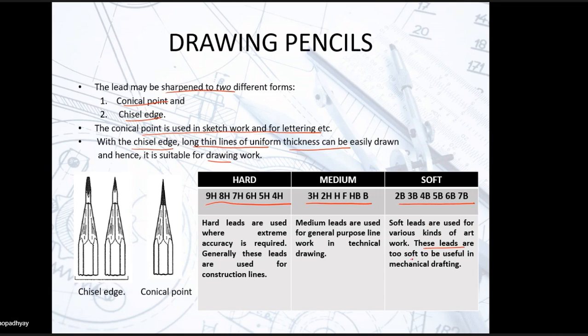These leads are too soft to be used in mechanical drafting. So these pencils you won't be using. The pencil sketching that you do in artistic drawings is mostly done using 2B, 3B, 4B, 5B. The shading part in artistic drawing is done using soft pencils, and the hard pencil is used in engineering drawing. Either the hard grade pencil or the HB pencil is used in engineering drawing.